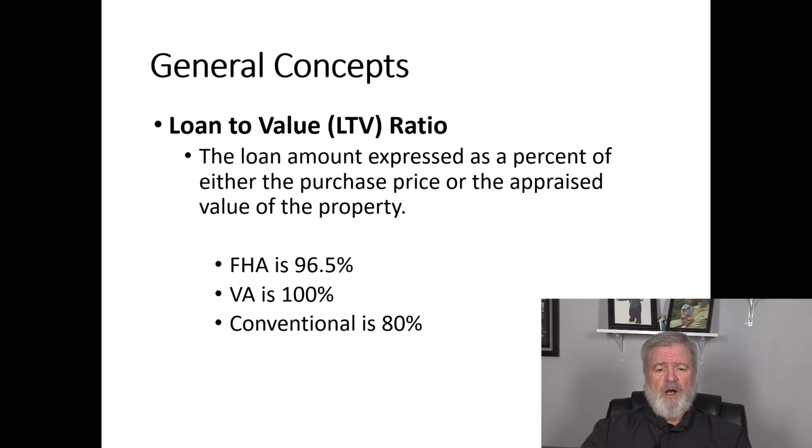For example, they might just say, John's buying a house, purchase price is $200,000. He's seeking an FHA loan, and he's paying $5,000 in closing costs. What's his total out-of-pocket expenses at closing? Well, you already know they said $5,000 in closing costs, so that's part of it.